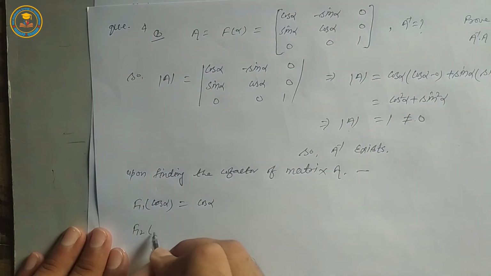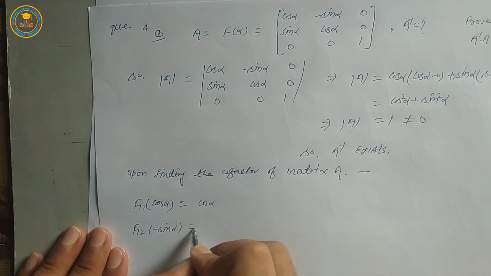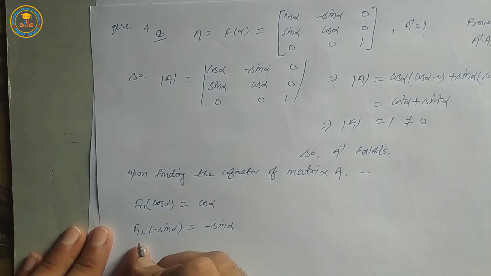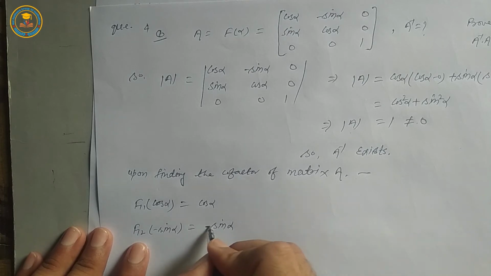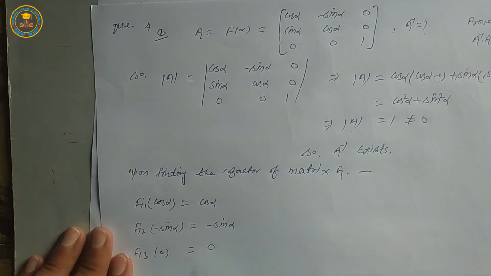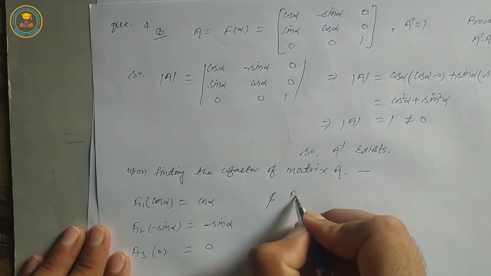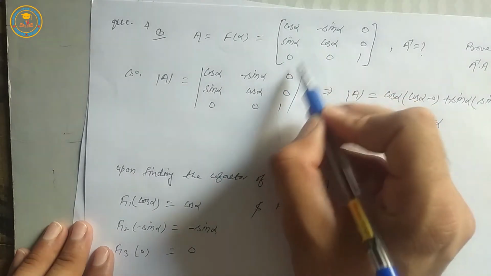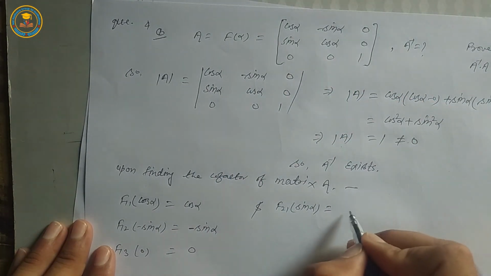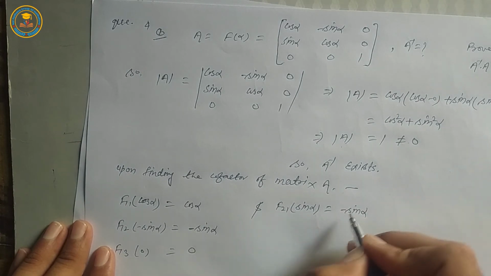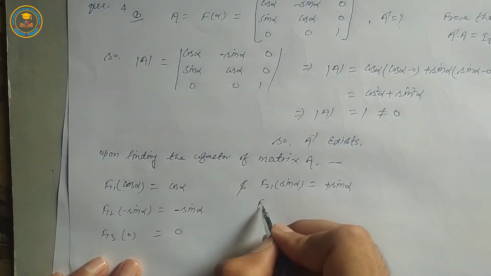F12 is minus sin alpha, which gives sin alpha, since 1 plus 2 is 3, an odd number, so minus. F13 is 0. F21 is sin alpha, the minor is minus sin alpha into 1, which gives minus sin alpha; 2 plus 1 is 3, an odd number, so minus minus plus.